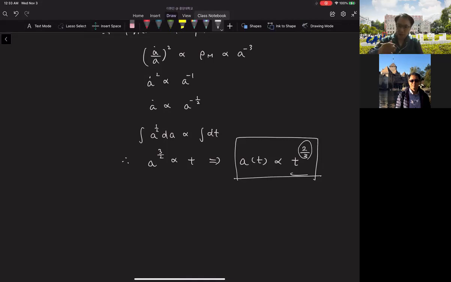So in the case of matter domination, the universe expands more rapidly than for radiation domination.